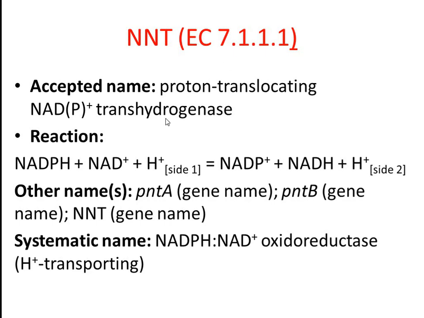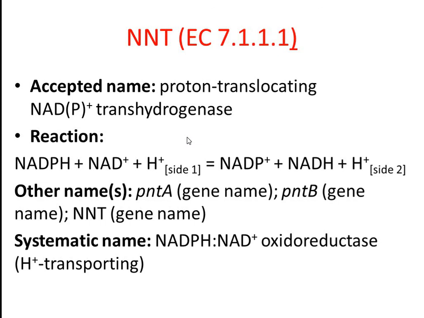So the example of this group of enzyme is NNT, which is commonly known as proton-translocating NAD transhydrogenase, or the other names for this enzyme are PNTA, which is given from the name of gene, PNTB or NNT.